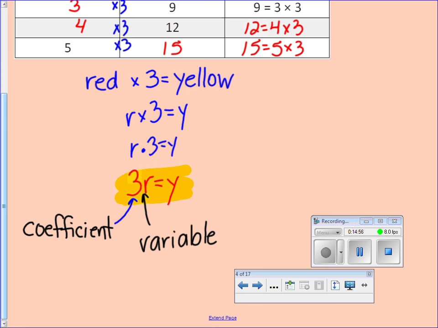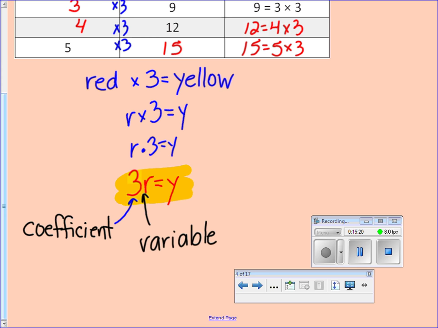All right. However, even though multiplication is commutative, guess what? When you're writing your equation, you're not allowed. The coefficient always comes first. What did I say? The coefficient always comes first.